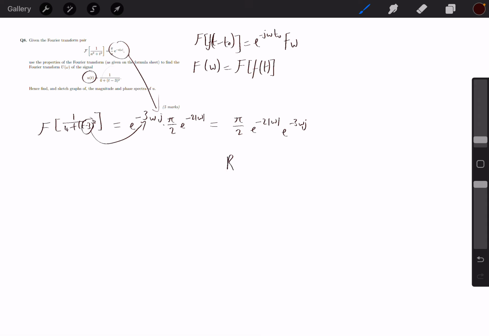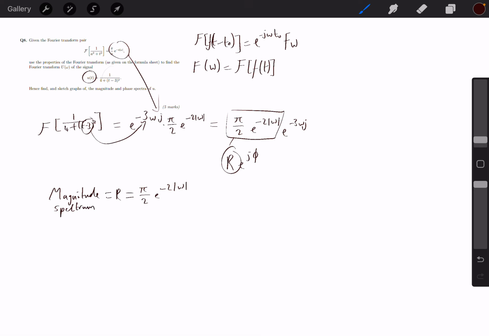Polar form is J there. So the magnitude is R, which is the R here. And we can see from this that we have this whole thing here is R. So it's pi over 2 e to the power of negative 2 times the magnitude of W. And, well, I should say spectrum here.